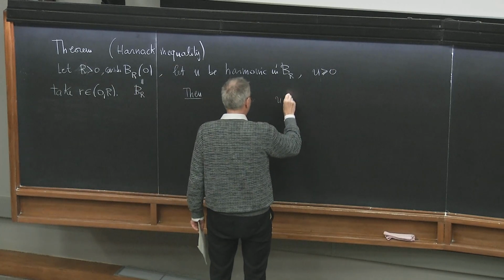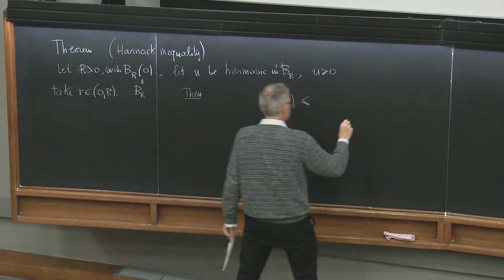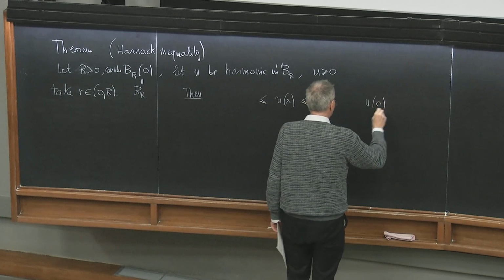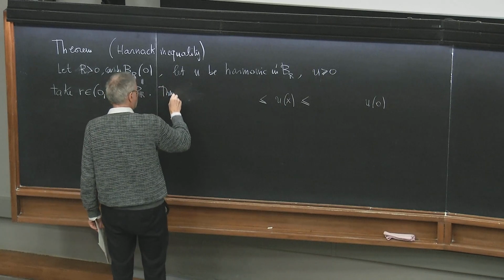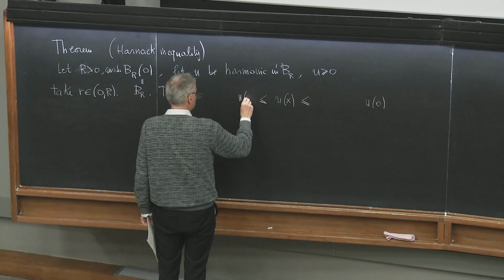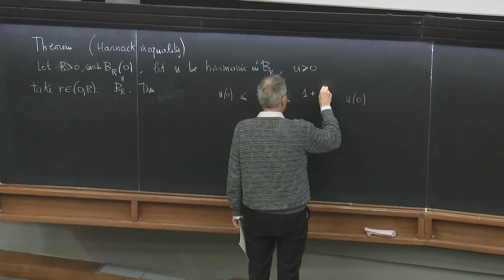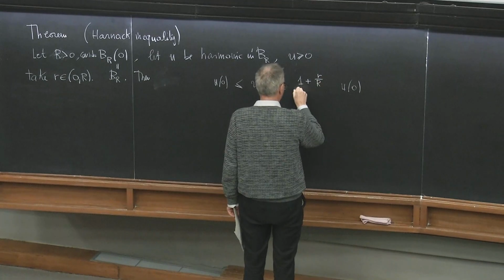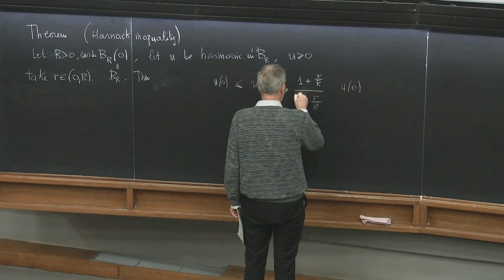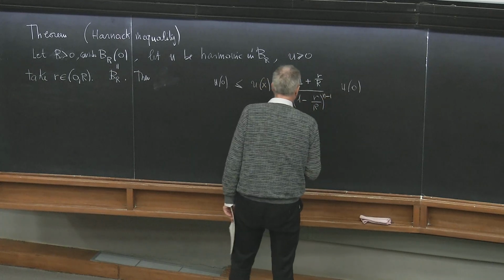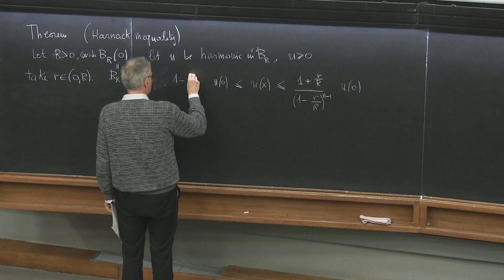we have that u of x is bounded by u of 0 times (1 plus r over R) divided by (1 minus r over R) to the n minus 1.